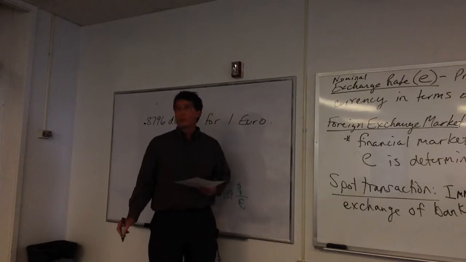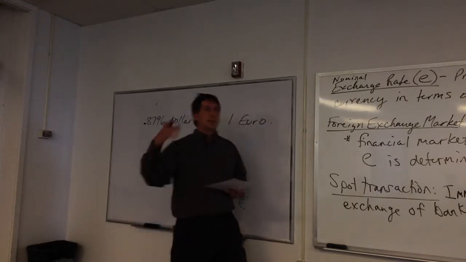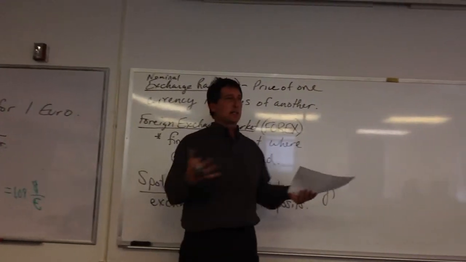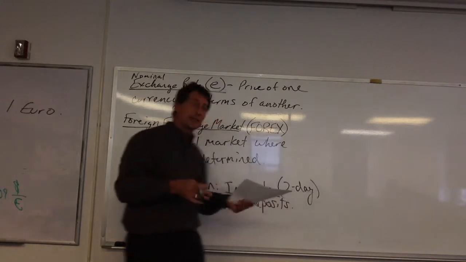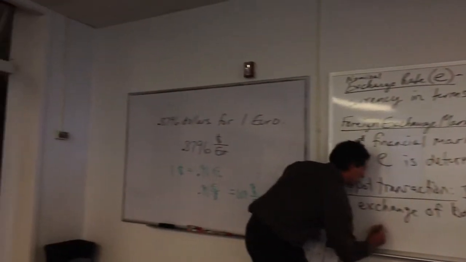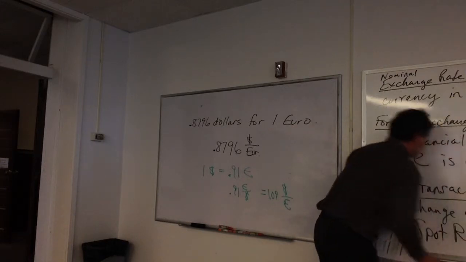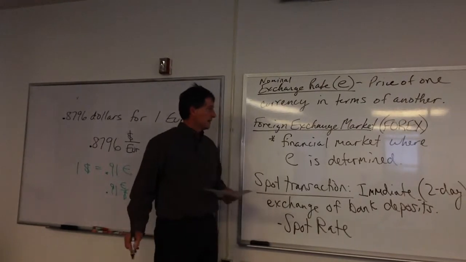So time to actually make the trade. And when you guys are traveling in Australia and you go to a bank and say, hey, I need some Aussie dollars, that's the spot rate that they're giving you. Today's rate is the spot rate. Well, the spot rate is the rate on that day.